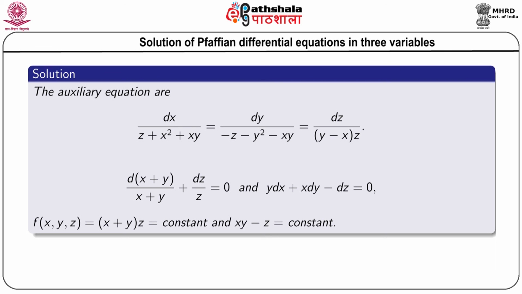This is the one integral: (x plus y) into z equals to constant. And xy minus z equals to constant. This is the another integral of this simultaneous equation. Therefore, these two equations together imply the solution of this simultaneous equation. So, this is the solution of the given Pfaffian differential equation.